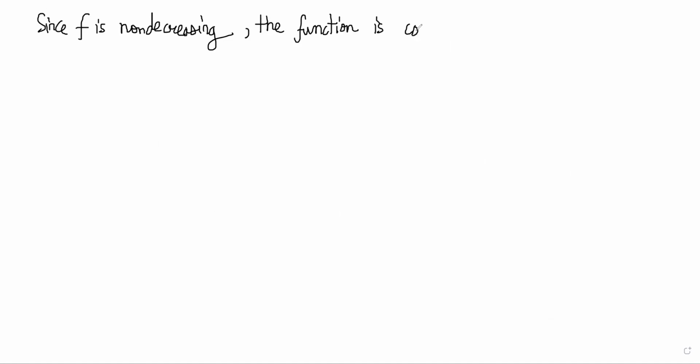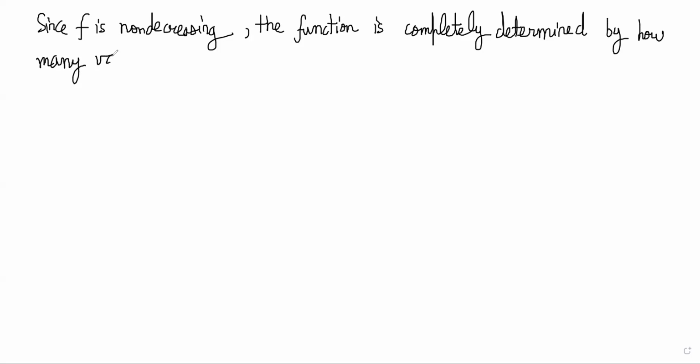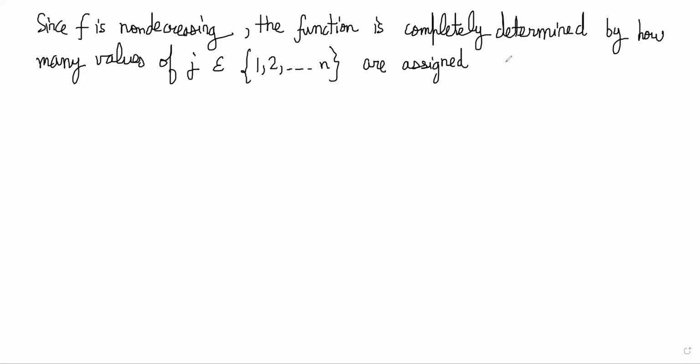So since f is non-decreasing, the function is completely determined by how many values of j belonging to 1 to n are assigned to equal k belonging to 1 to m.